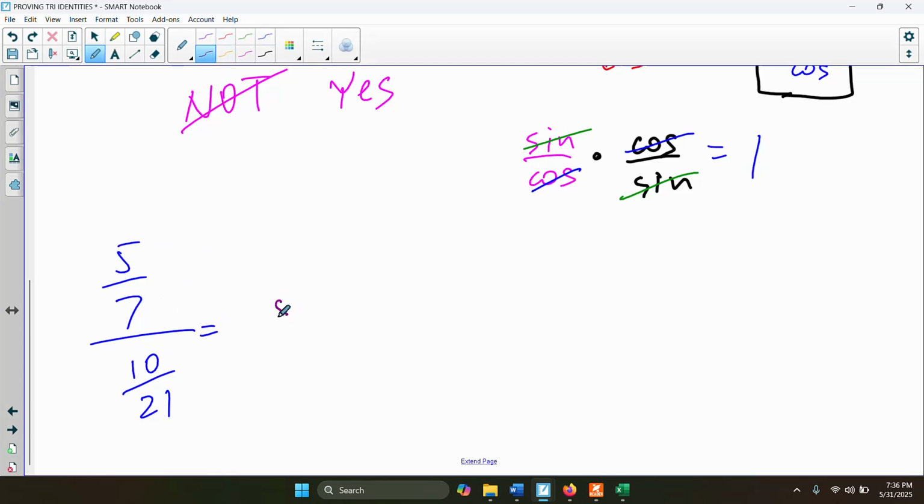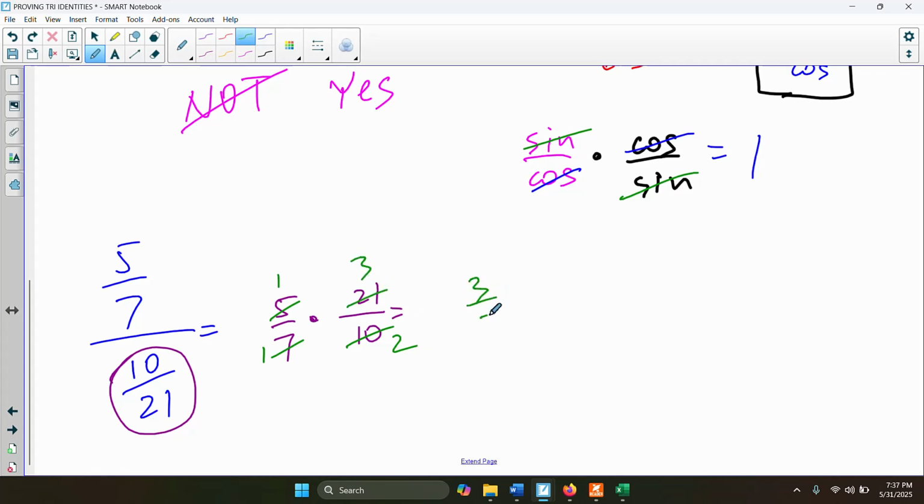You can think of that as 5 over 7 multiplied by the reciprocal of this, and the reciprocal would be 21 over 10. Then you carry through the operations the normal way. 10 and 5 partially cancel, that becomes a 1, that becomes a 2. Then 21 and 7, that's 1, and this is 3. So the answer there, simplified, is 3 over 2.